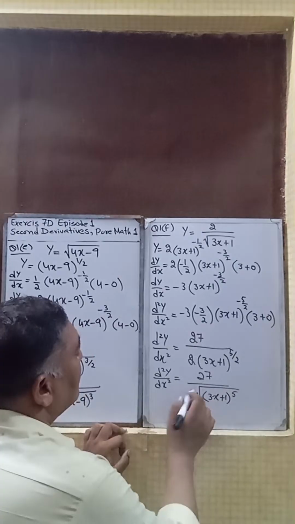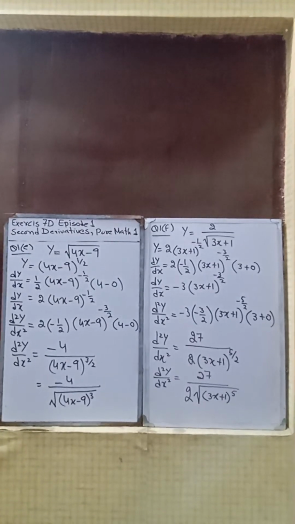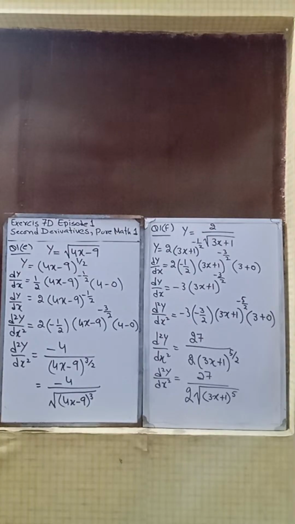So I hope this is the answer. Let me check from the book. And the answer is correct. So this is how you do question number 1, F part. This is how you find its second derivative. I hope you understand.